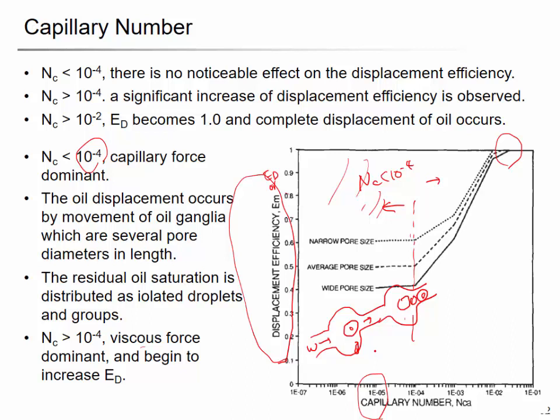And to increase the capillary number, what can we do? Because we want to increase the capillary number to produce more oil, right? What can we do? We have a capillary number, viscosity, velocity, interfacial tension. To increase the NC, we can increase the viscosity, and velocity, we can increase the velocity, or we can decrease the interfacial tension, right?